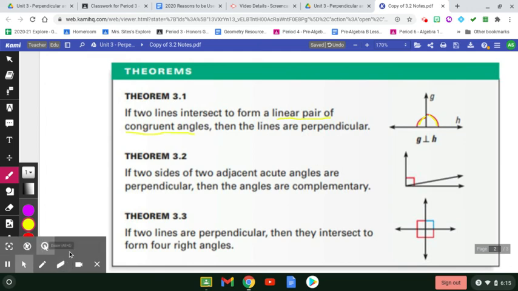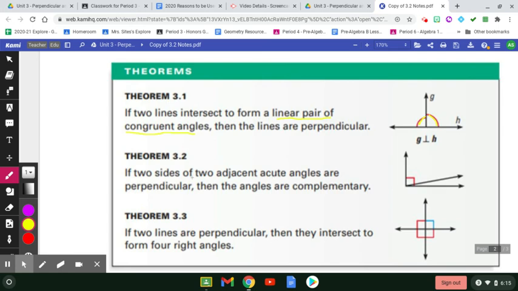All right, another theorem says if two sides of two adjacent acute angles are perpendicular, then the angles are complementary. So let's see that one more time. If two sides of two adjacent acute angles are perpendicular, then the angles are complementary. Complementary, remember, means adds up to 90 degrees. Acute means two angles that are less than 90.